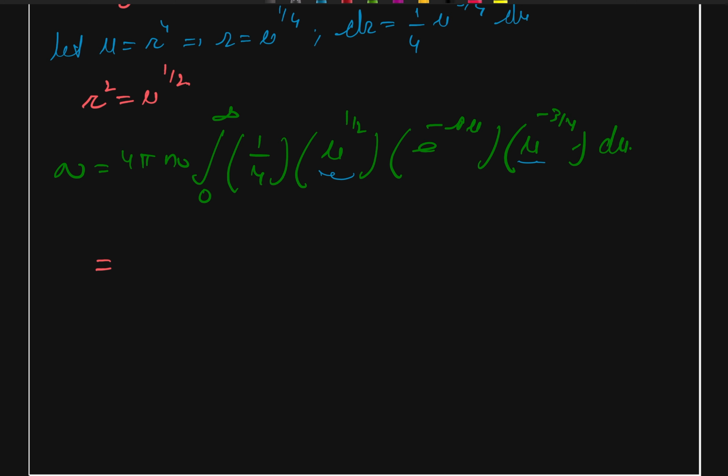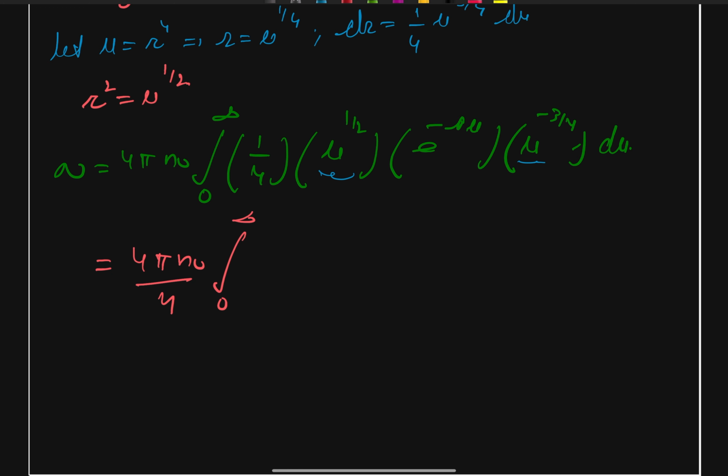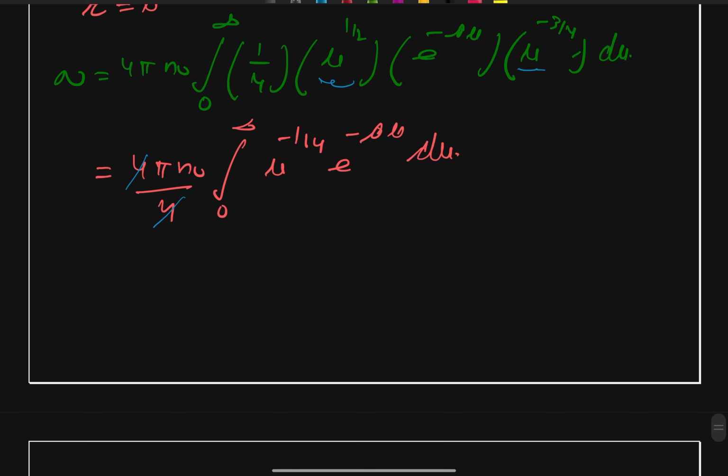So we get that our 4 pi n naught integral 0 to infinity, 4 we can take common, and this comes as u raised to power minus 1 by 4 e raised to power minus alpha u d of u, and this 4 and 4 goes away, and this particular function is in the format of our gamma function.